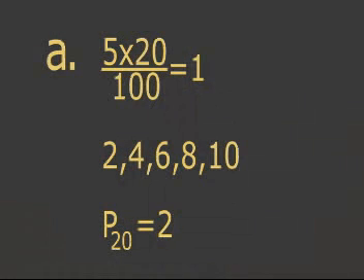Welcome back, students. Let us discuss the answers. This is what I found for question A. 1 represents the first position in our ordered data set, which is a 2. So, 2 is the 20th percentile.